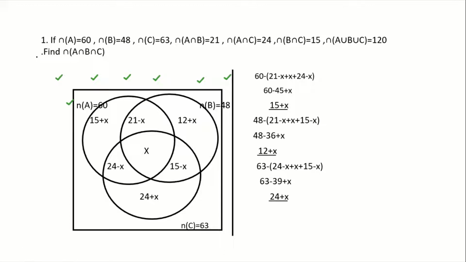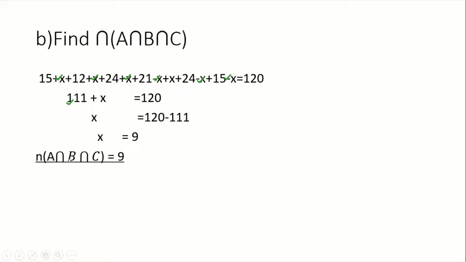So if we let our x, our number of A intersection B intersection C be equal to x, that means we shall come back and conclude that number of set A intersection B intersection C is giving us 9. Yeah, and we have answered our question.